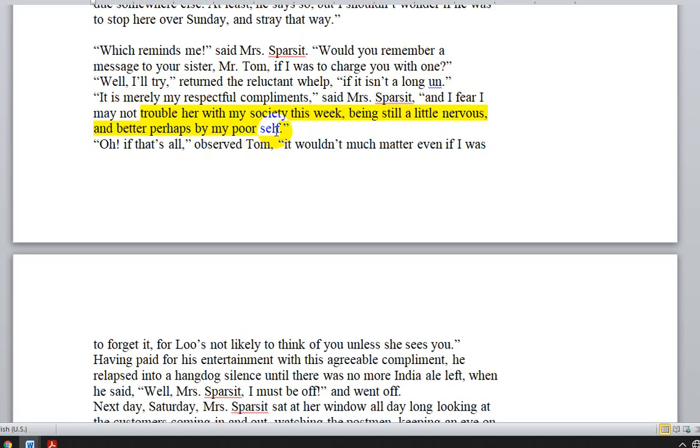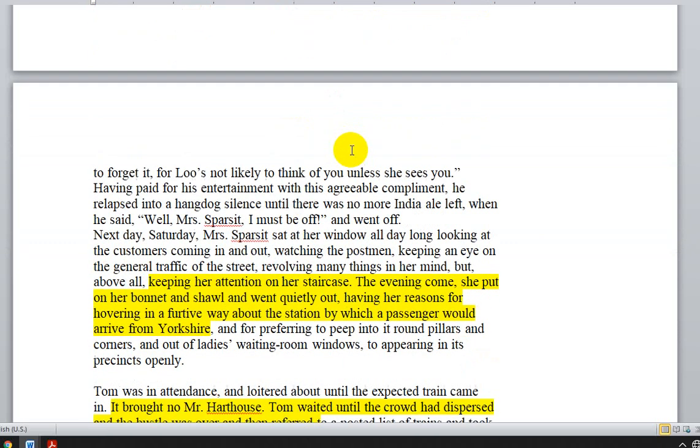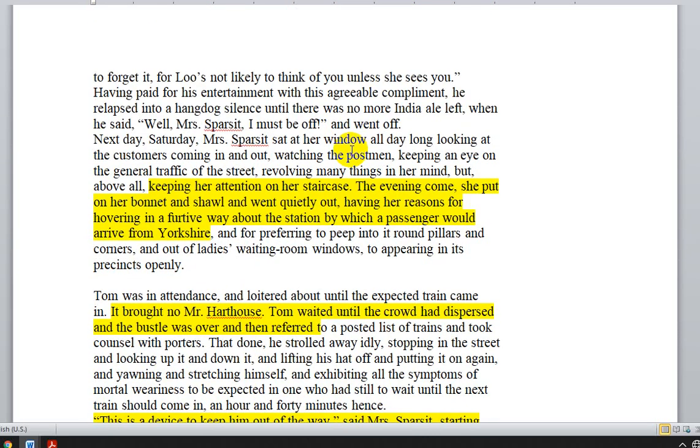A kind of camouflage, telling Louisa that she is not visiting her, just like she promised Bounderby. Giving her a message that she will not be here, so Louisa would be free to receive James. This is a kind of plan that Mrs. Sparsit sets.